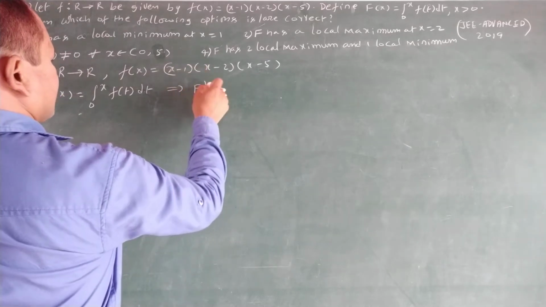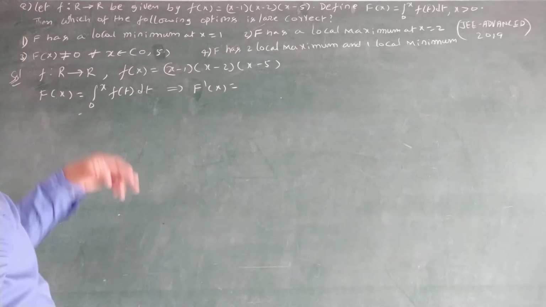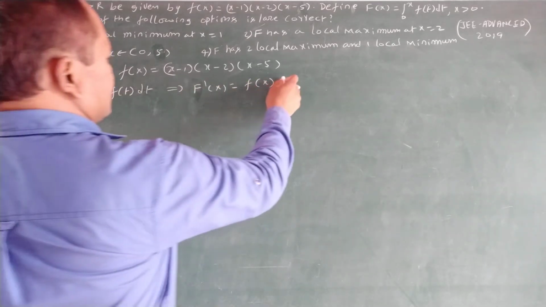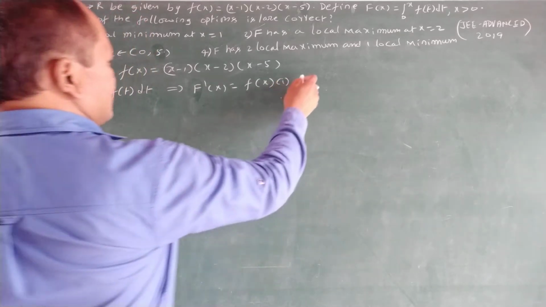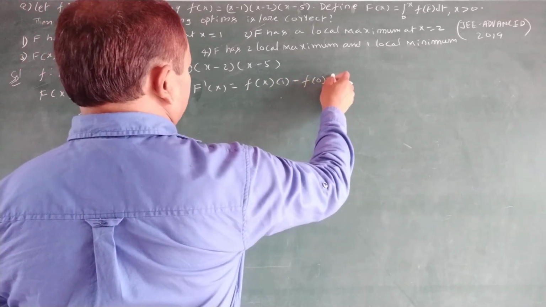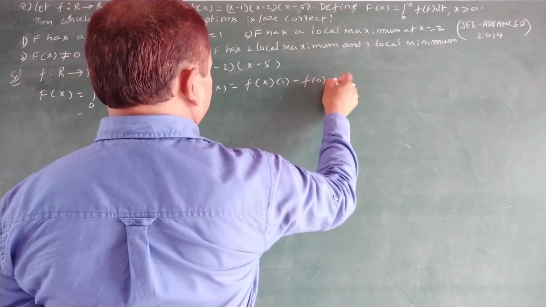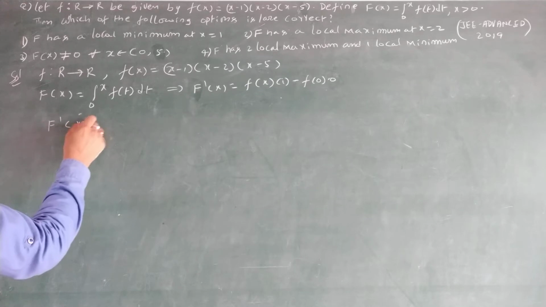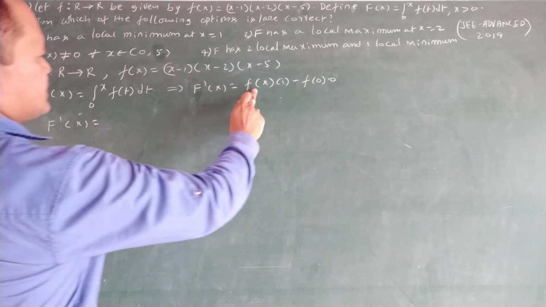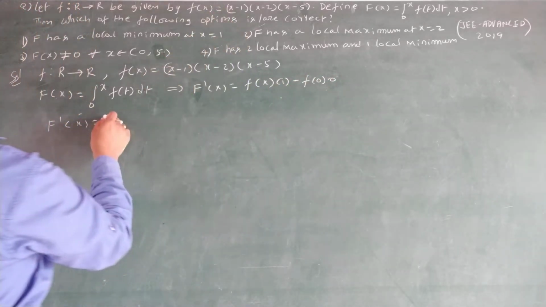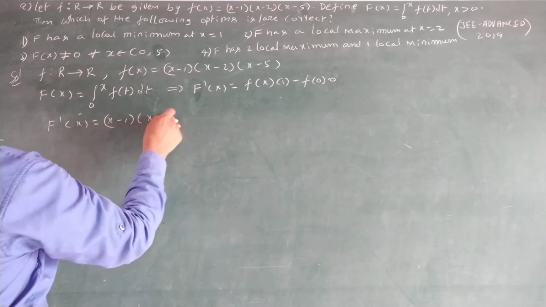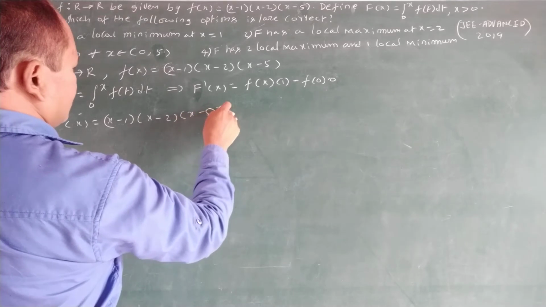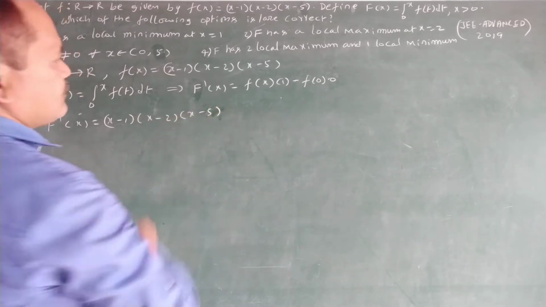Capital F dash x is equal to f of x into the derivative of x, which is 1, minus f of 0 into the derivative of 0, which is 0. That's why F dash x is equal to f of x, which is nothing but (x minus 1)(x minus 2)(x minus 5). That's all.